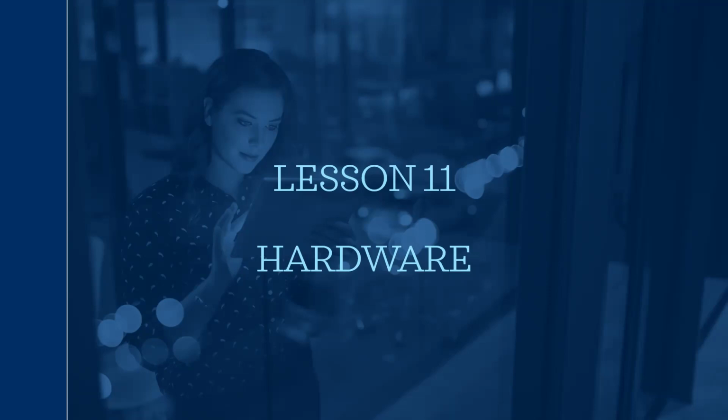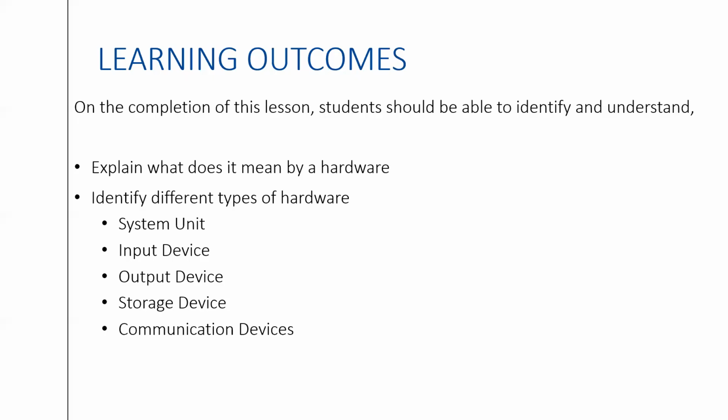We'll be talking about it in detail: the functionalities of each hardware and the different types of hardware, and based on where they are located, whether internal or external to the computer, we can identify different types. Based on this classification, we'll be talking about different types of computer hardware in today's lesson.